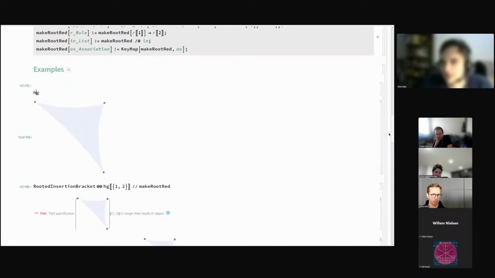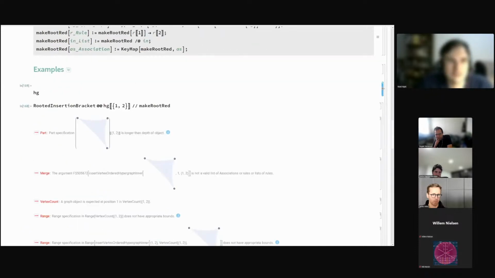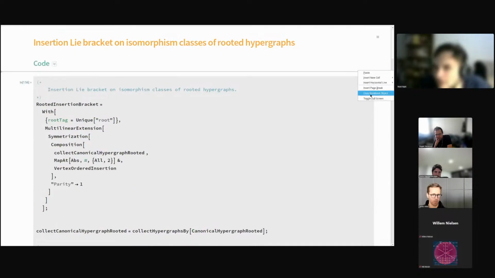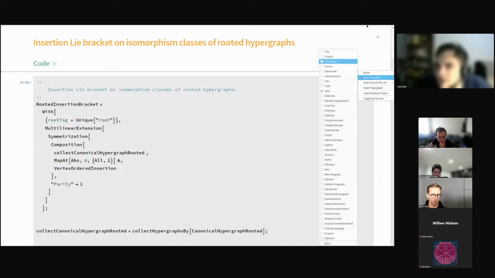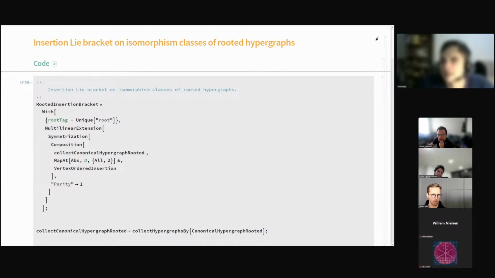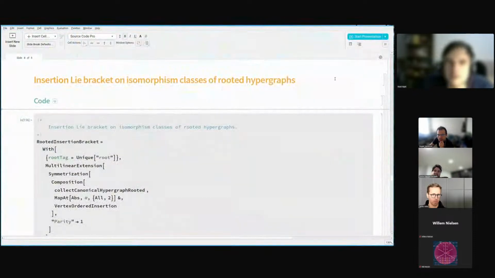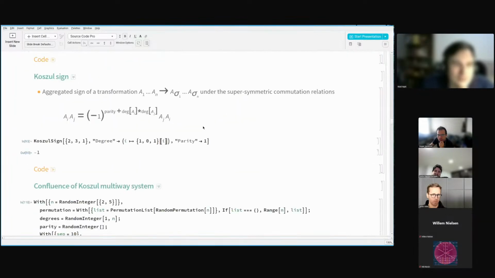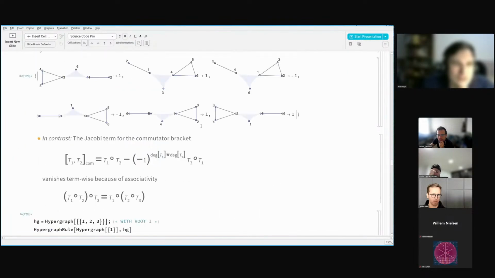We redefined HG somewhere. I have to get back to the initialization cell. I can just say somewhere here, recompute initialization cells. Wait a second. End presentation, and I will go to the definition of HG.